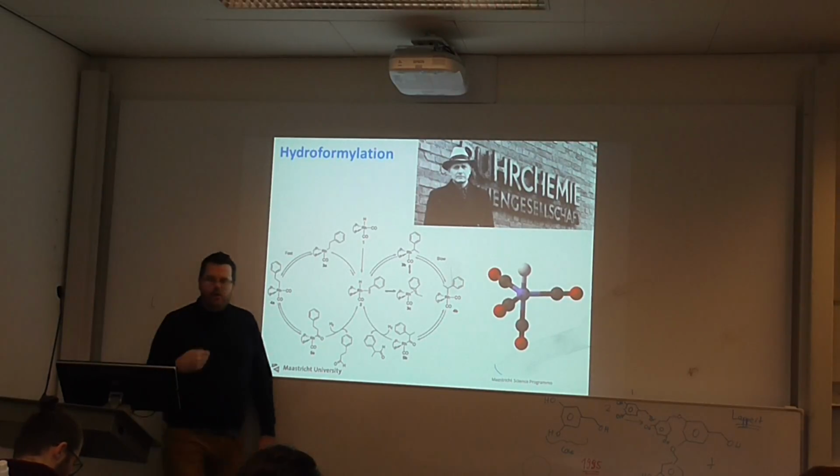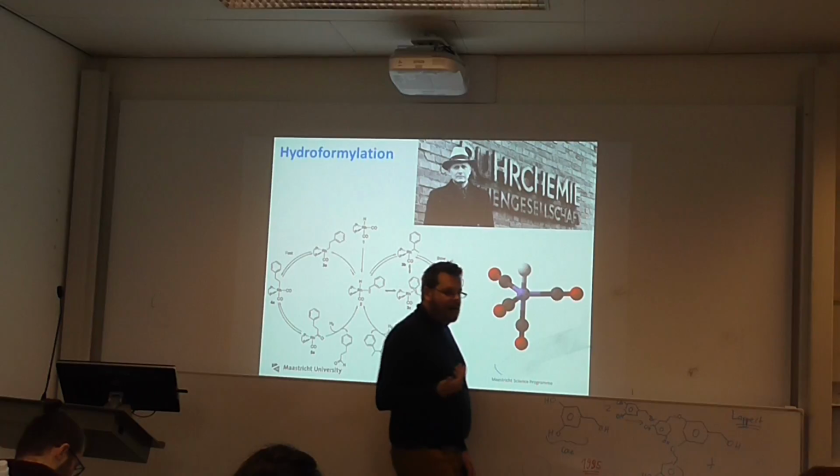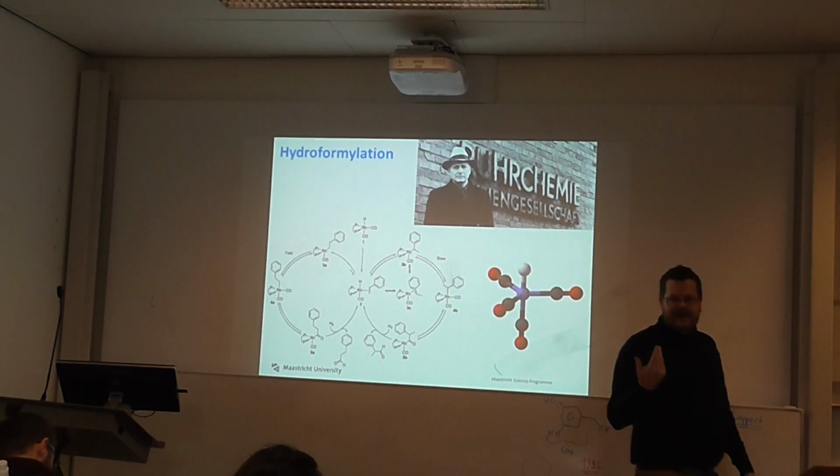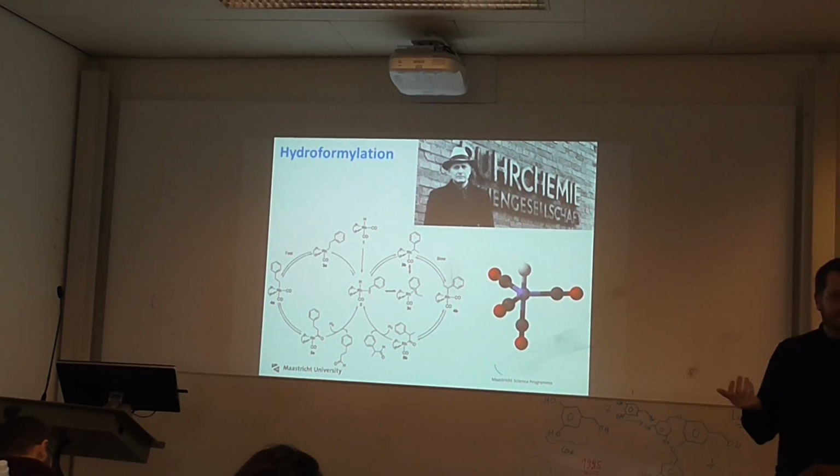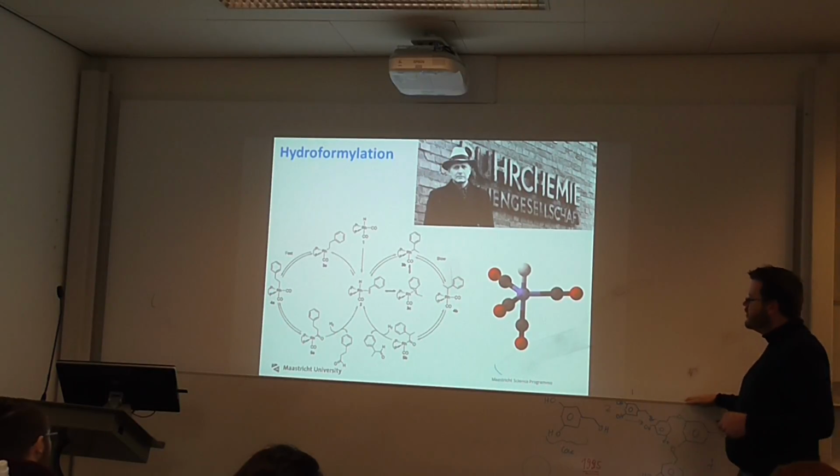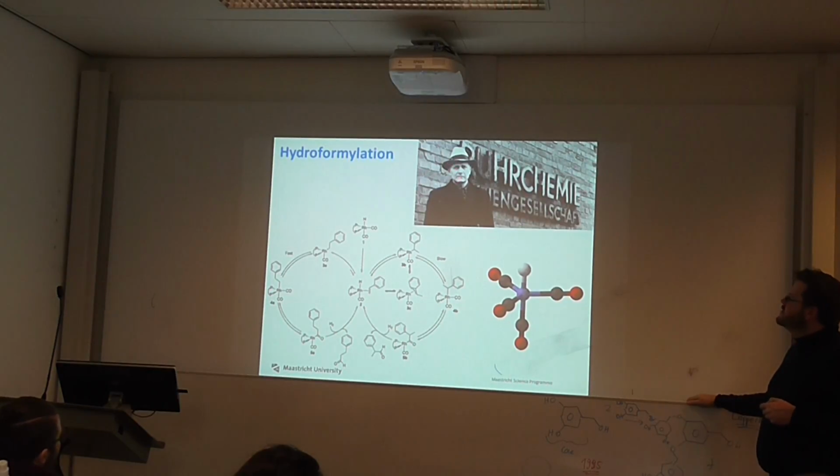Next, we looked at hydroformylation, which is the addition of basically a carbonyl functional group to a C=C double bond. We looked at this in some detail. We started off by looking at Otto Roelen, 1938, Ruhrchemie, the catalyst that he employed.